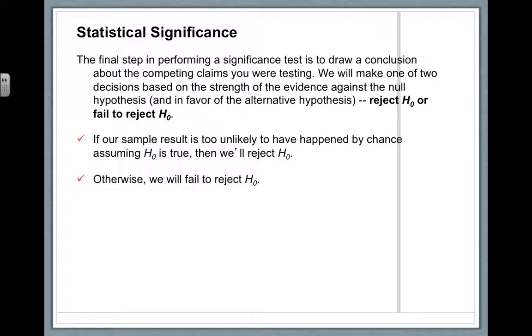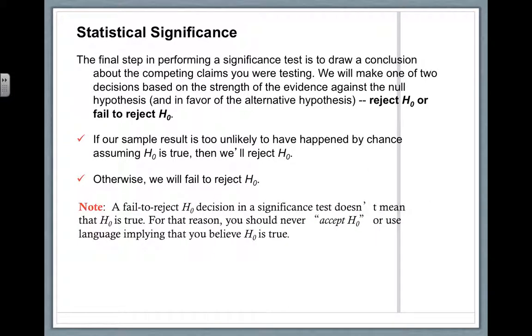So in a court system, a jury would say that they find them not guilty rather than that they find them innocent. So it's very much the same here. You're not necessarily saying that the null hypothesis is definitely true. It's just that you don't necessarily have the evidence to prove that it's guilty.